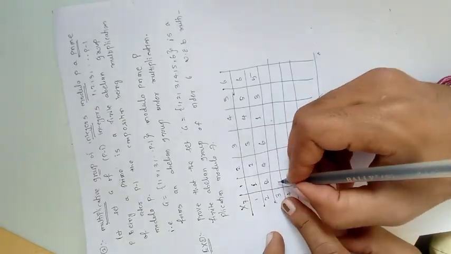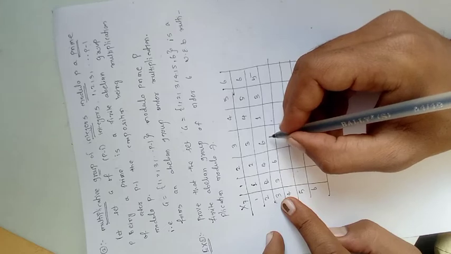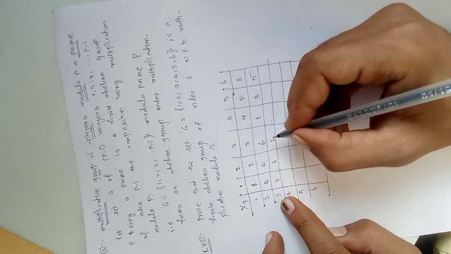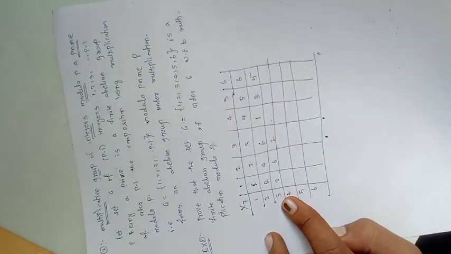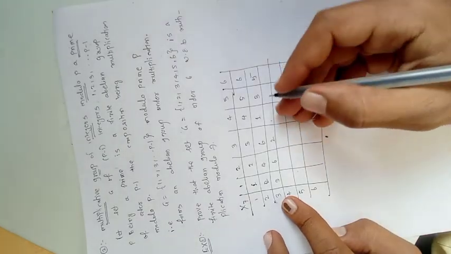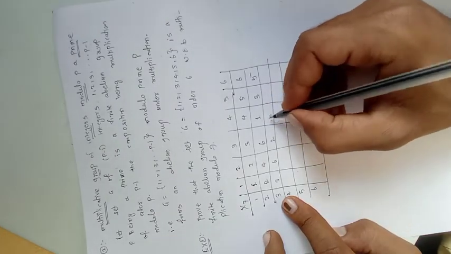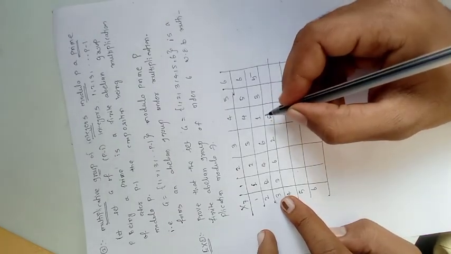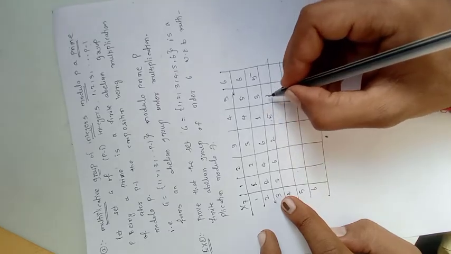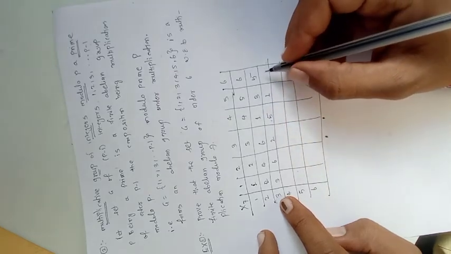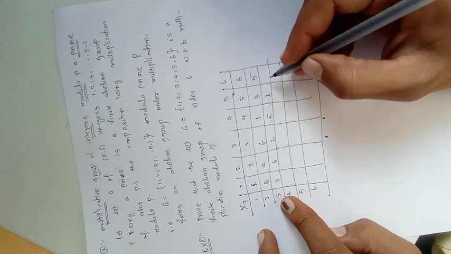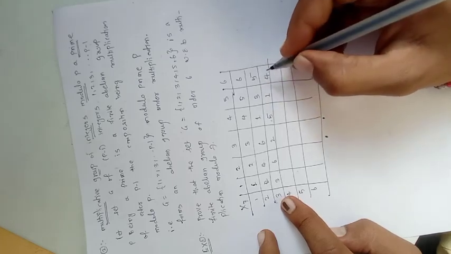Now 3 into 1 is 3, 3 into 2 is 6, 3 into 3 is 9, 9 means 2, because 9 modulo 7 is 2, 3 into 4 is 12, 12 means 5, 5 into 3 is 15, 15 means 1, 6 into 3 is 18, 18 modulo 7 is 4.